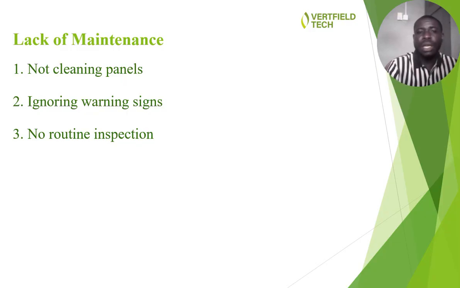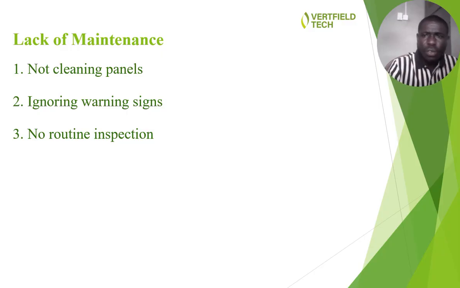Now, when you do not clean your solar panels, when you ignore warning signs, that is to say, when you power up certain loads and it's giving you overloading signals or overcurrent signals or over voltage signals or under voltage signals, and you ignore it, those things can lead to your solar generator failures.